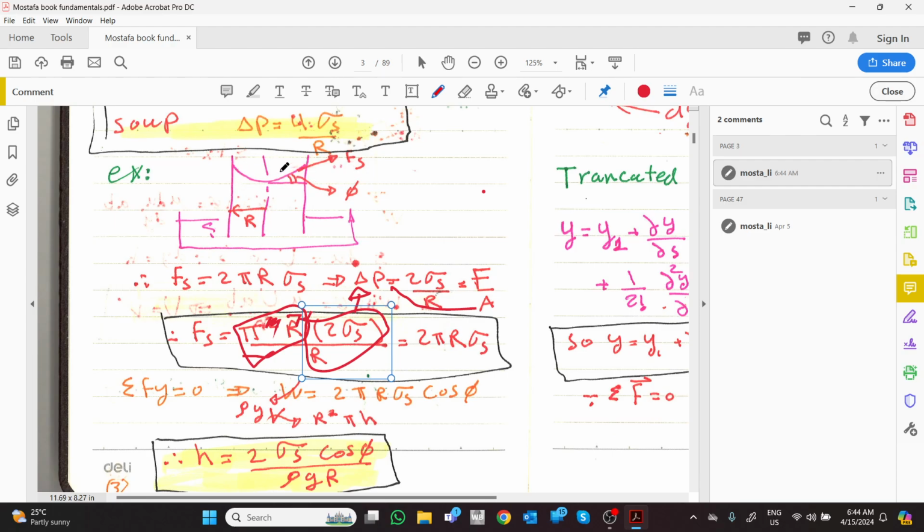The weight of the water is the area multiplied by the height, which becomes the volume, multiplied by density, multiplied by gravity. This is the weight of the water column. So the height is equal to 2 sigma_s cosine phi over rho g. Phi is a constant for each fluid and wall. For example, for glass with water, phi is equal to something; for mercury with glass, phi is equal to something else. Okay, that's it.